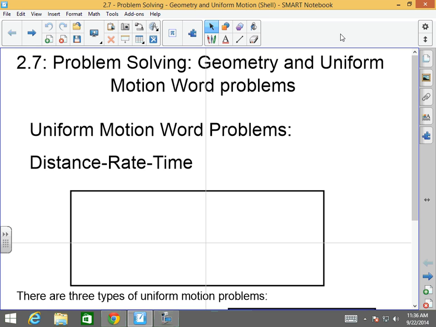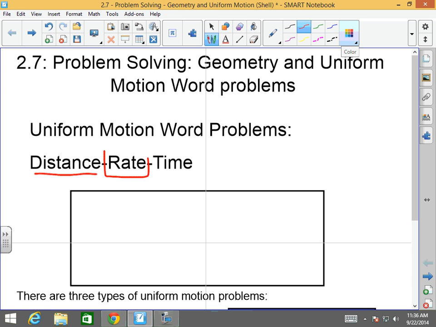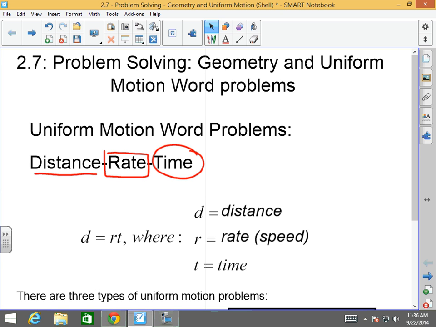First of all, let's talk about uniform motion word problems. When we're talking about uniform motion, they're going to be asking for either the distance, the rate, or the time. One of the three. And in order to be able to solve these kind of equations, one must know the formulas.